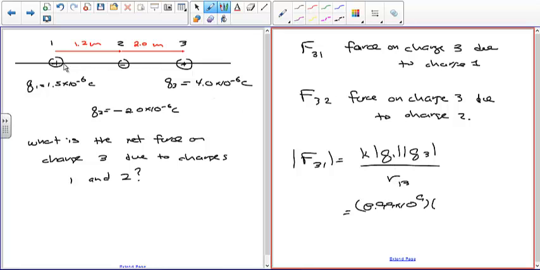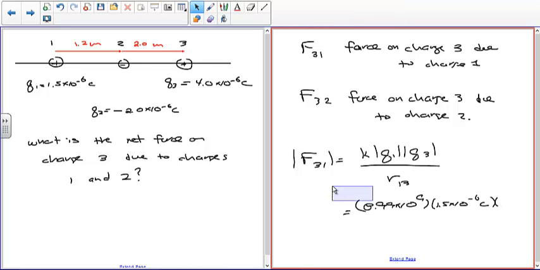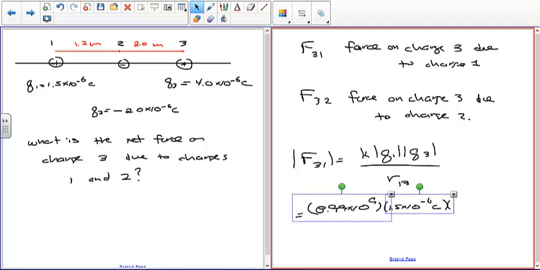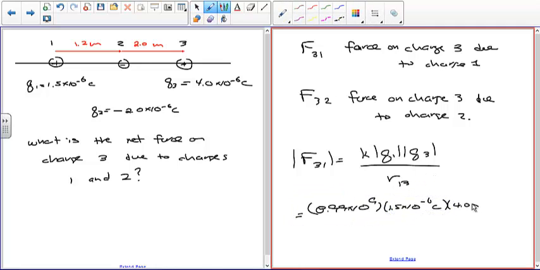Q1 is 1.5 times 10 to the minus 6. It's positive, but it doesn't matter in this case because we're doing the magnitude. Then we multiply by charge 3, which is 4.0 times 10 to the minus 6 coulombs, divided by the distance, which is 3.2 meters, and we're going to square that. So we plug that into our calculators.